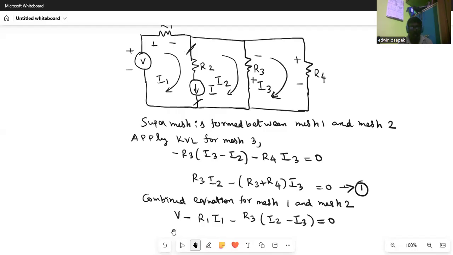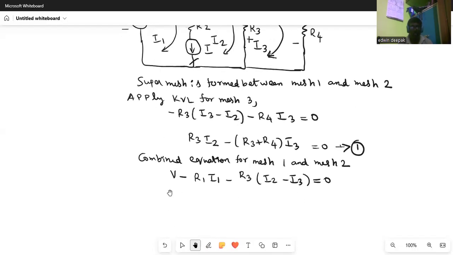Now we rearrange this equation. Simplifying, V minus R1 I1 minus R3 I2 plus R3 I3 is equal to 0.